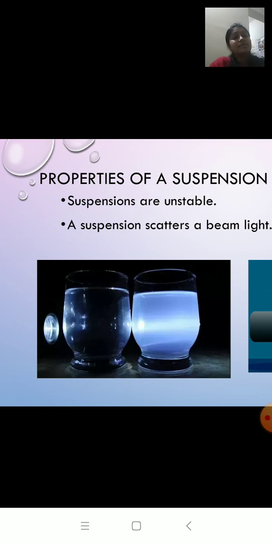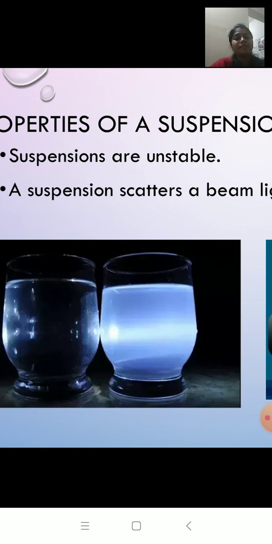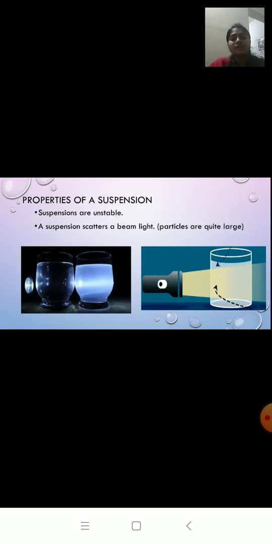So that is solution. And in the second glass you can see the beam of light. That is suspension. So I can say that suspension shows the Tyndall effect. Why? Because the size of the particles is quite large, so they can reflect the light rays falling on them.